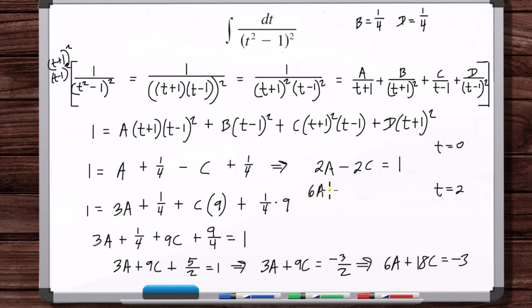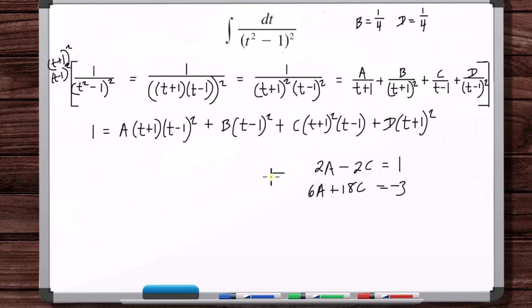Okay, so if you multiply the first equation by 3, you have 6a minus 6c is equal to 3, and then 6a plus 18c is equal to minus 3.